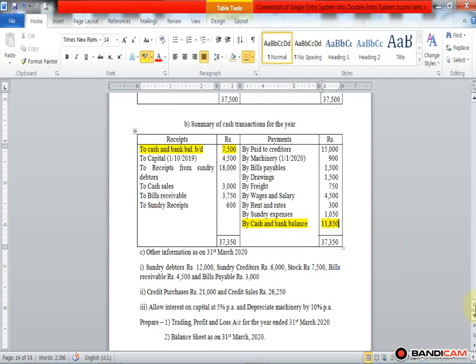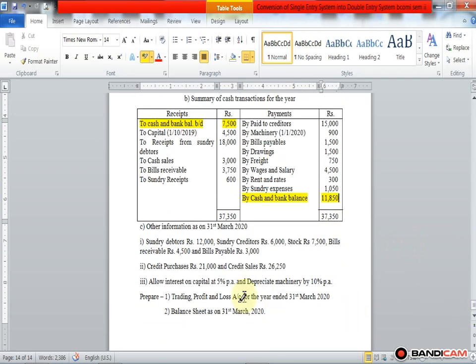Got it? Now part C, other information as on 31st March 2020. It means at the end of the year the information or adjustments are given. First, sundry debtors rupees 12,000, sundry creditors rupees 6,000, stock rupees 7,500, bills receivable rupees 4,500 and bills payable rupees 3,000.